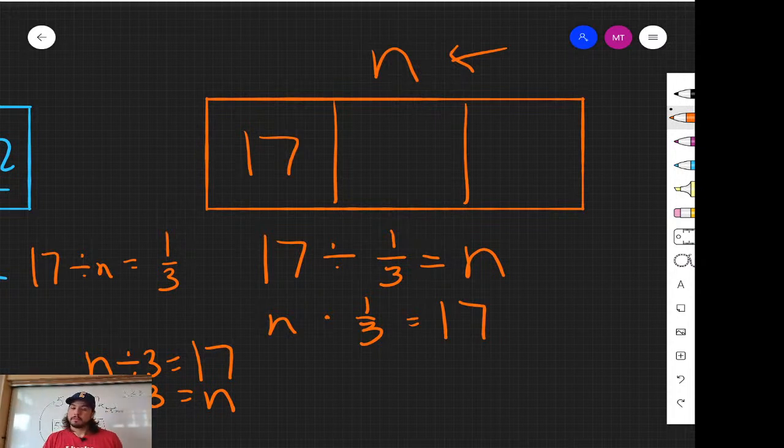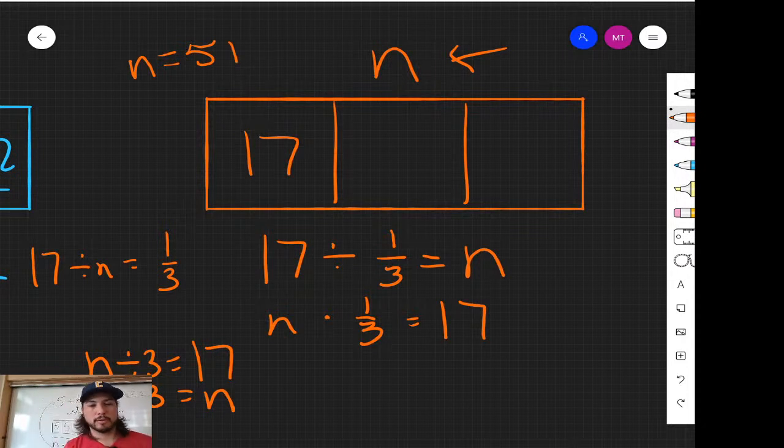And some of you are trying out putting the 1/3 or the 3 actually on the other side of the equal sign, putting the 17 and the n on the same side, which is next level, but can be done. All right, and some of you have said in the chat that, yes, n equals 51.